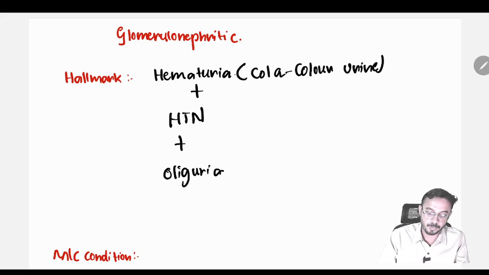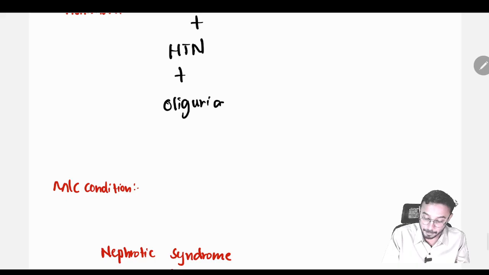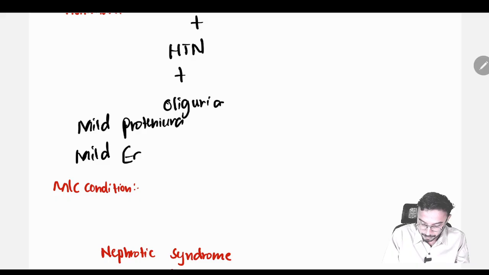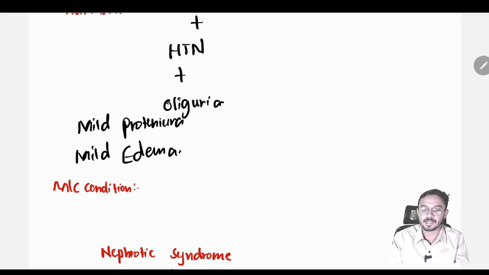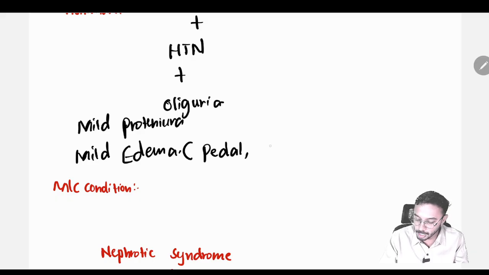If you ask me if proteinuria is present, yes, but it is mild proteinuria and mild edema. So this is a negligible amount of proteinuria and edema. What kind of edema is present? Pedal edema or periorbital edema.